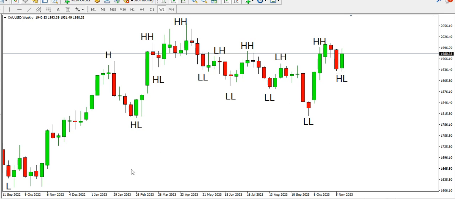All right, so that's that for the weekly time frame. You can see price progressing from low to high, higher low, higher high, higher low, higher high, lower low, lower high, lower low, higher high, lower low, lower high, lower low, higher high, higher low now. Okay, and this week's candle has closed.